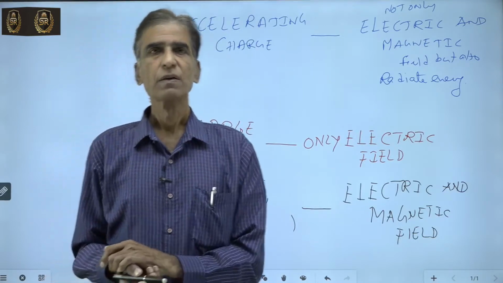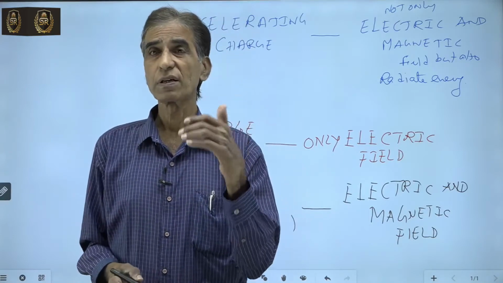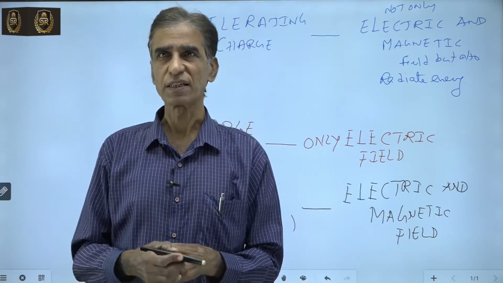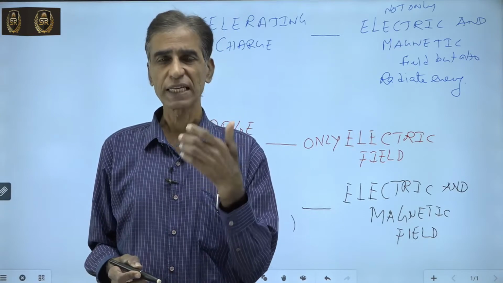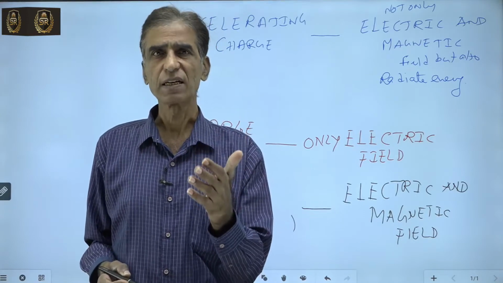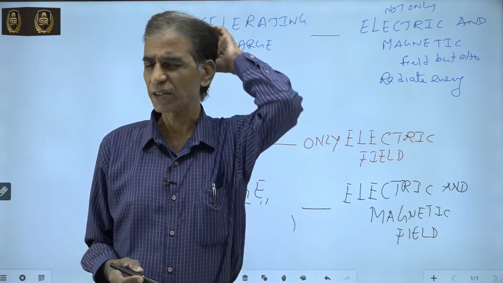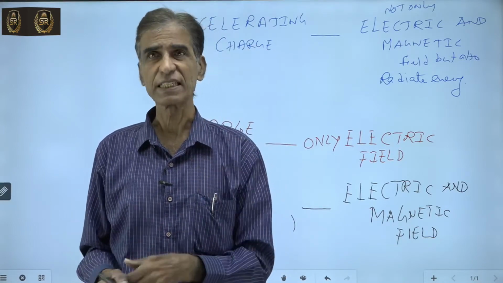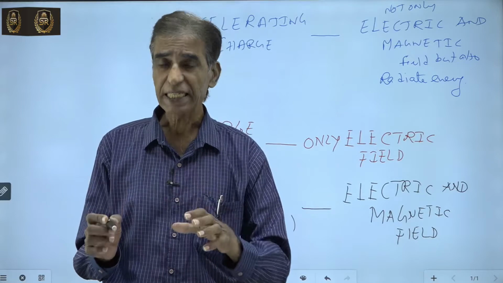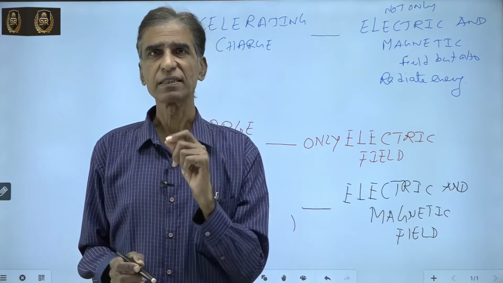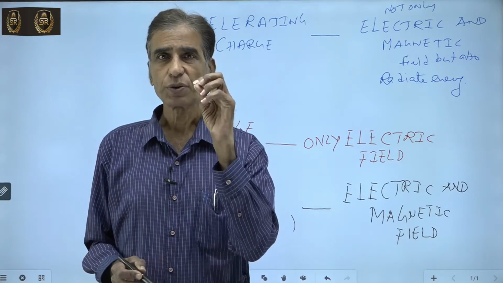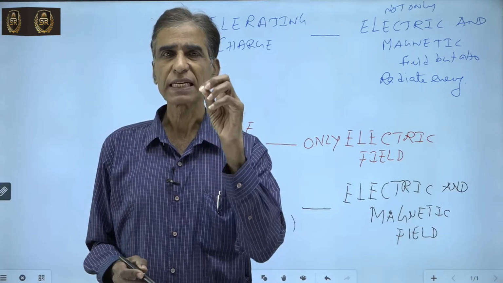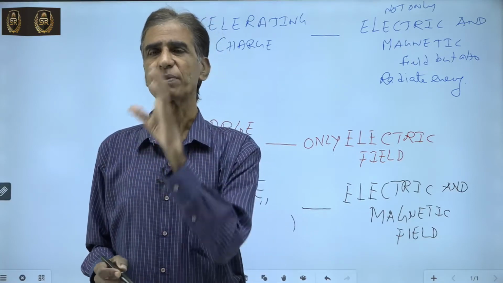Now, before the 19th century, that is till the mid 1800s, 1820, 1830, scientists had an opinion that there is no relation between electric and magnetic properties.